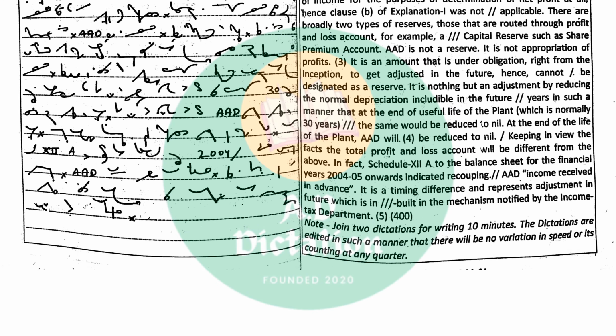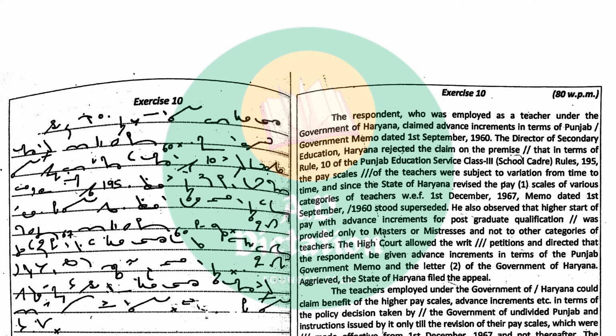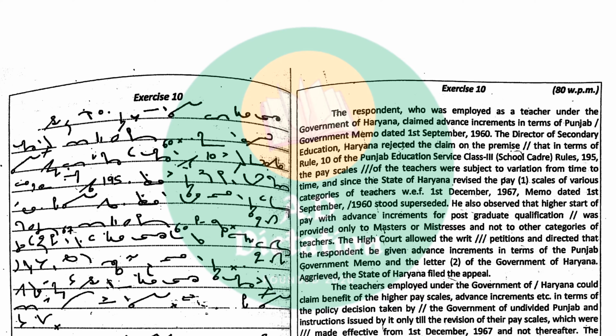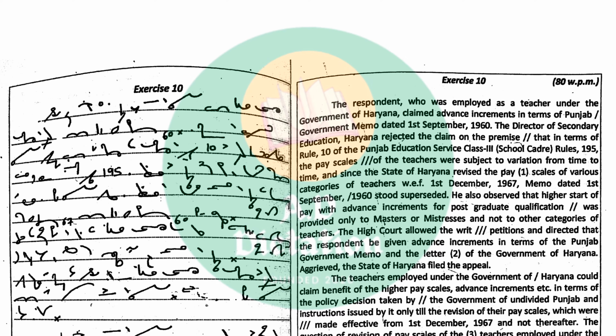The respondent, who was employed as a teacher under the government of Haryana, claimed advance increments in terms of the Punjab government memo dated 1st September 1960.